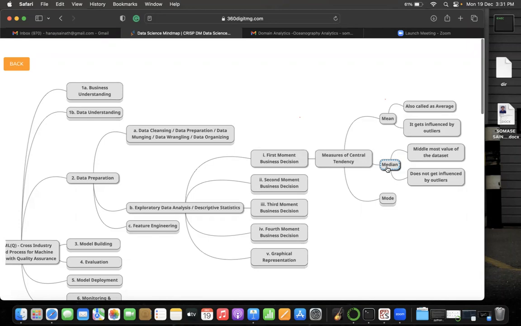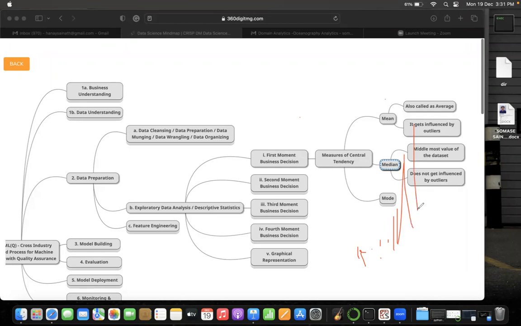So to calculate the median, first order the numbers in ascending order, from small to big.